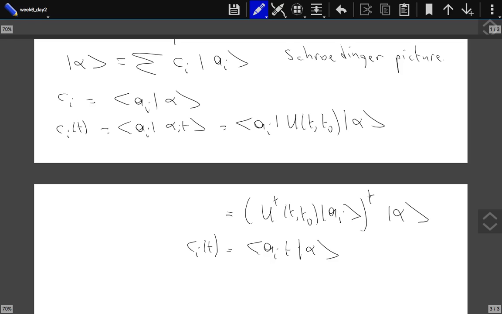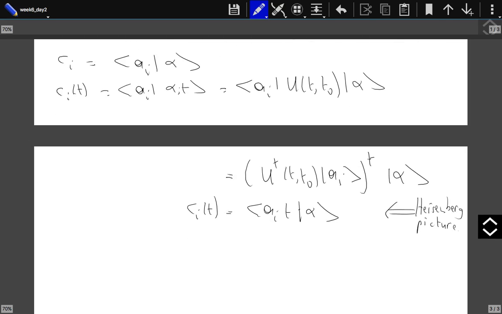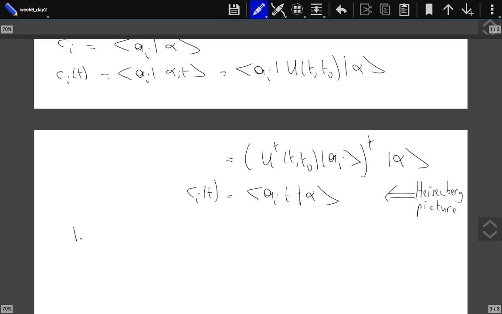Now we make the transition to the Heisenberg picture. In the Heisenberg picture, my ket alpha is nothing but the sum of Ci of t times |AI of t>. In the Heisenberg picture, the base kets depend on time.